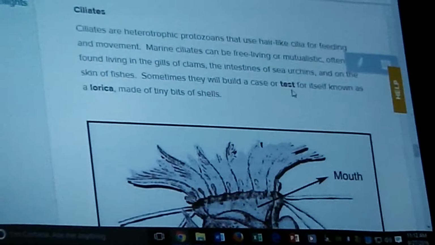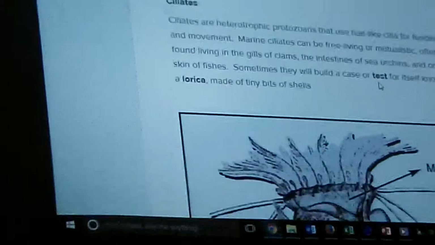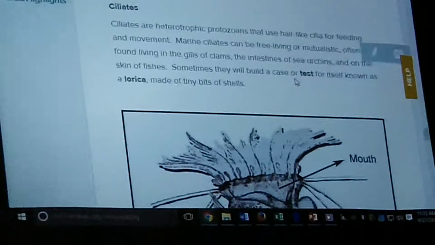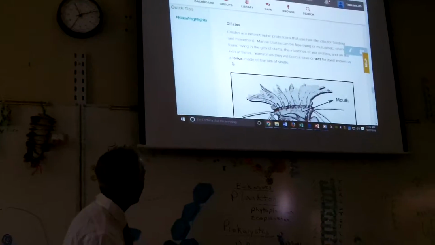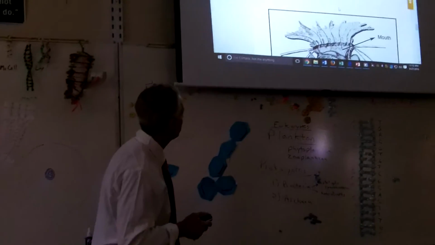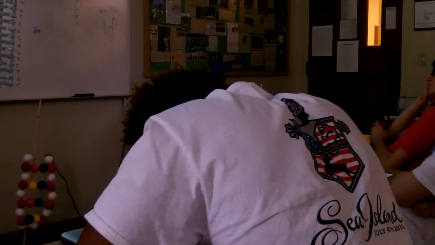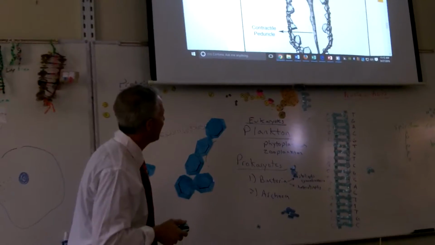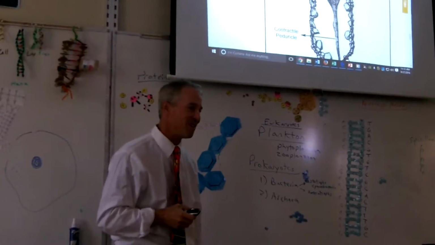A test is a shell made up of little sand grains or tiny bits of broken shells. And in particular, we call that a lorica if it's made of little shells. So those are little tiny pieces of shells that are broken apart that the cell will make a little house for itself.